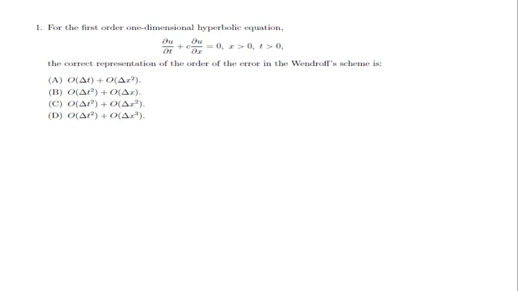Let's move to the next question. The second question is, the explicit scheme for solving the hyperbolic equation del square u over del t square equals del square u over del x square, with del u over del t equals g of x at x equals 0, is.